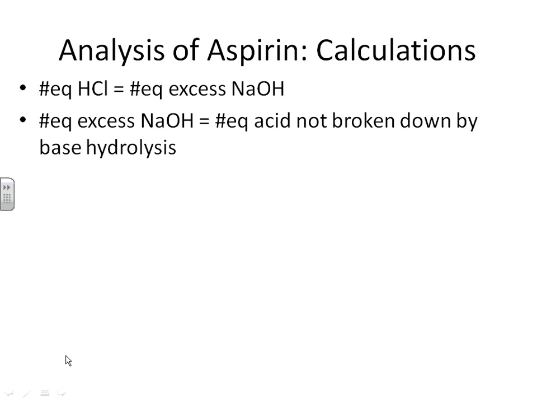Number of equivalents of acid not broken down by base hydrolysis, that's all acids except aspirin. So the first calculation tells us how much NaOH we had total, i.e. how much acid we had total. This portion tells us how much acid we have except for the aspirin.